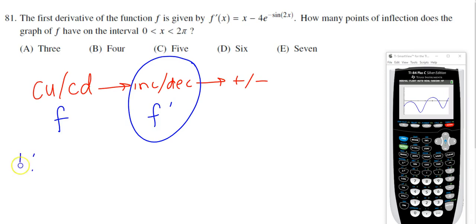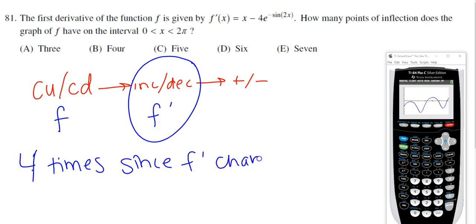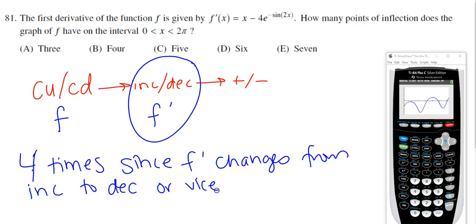So let's do it like this. 4 times. Since f prime changes from increase to decrease, or vice versa, 4 times, right? Very good.